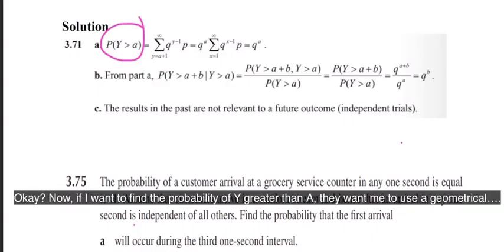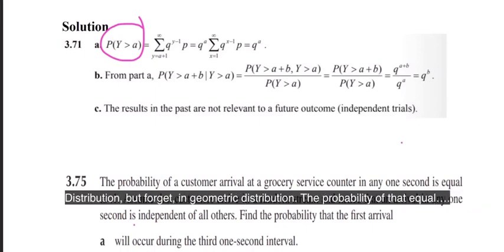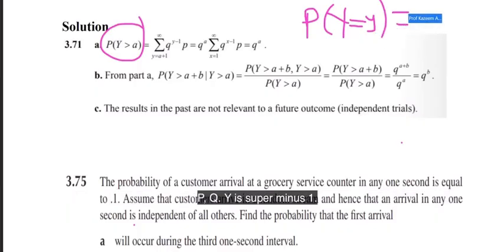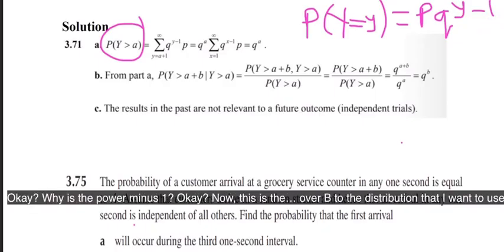To do that, we use the geometric distribution. Don't forget, in a geometric distribution, the probability that y equals y is p q raised to power y minus 1. This is the probability distribution that I want to use.